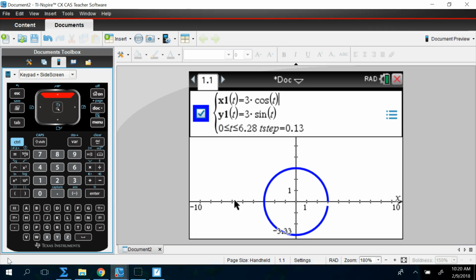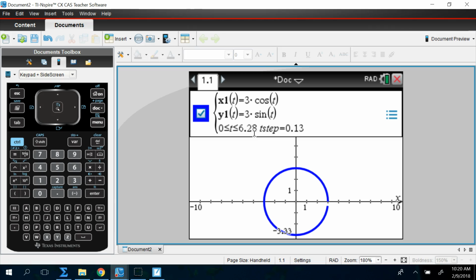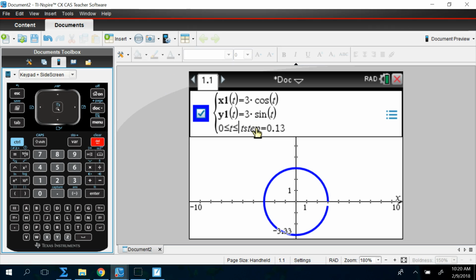Here's where we started. What happened if we changed our t value? Instead of going from 0 to 2 pi, what did we find? Go ahead, Kim. I thought the circle got bigger. The circle got bigger? Did you go higher or lower? Higher. So you changed this number to like 35?